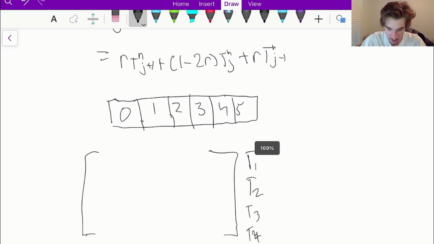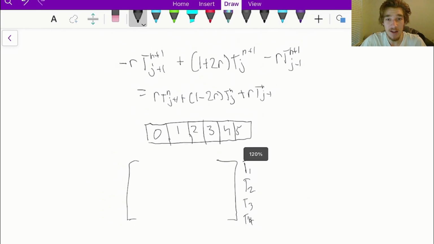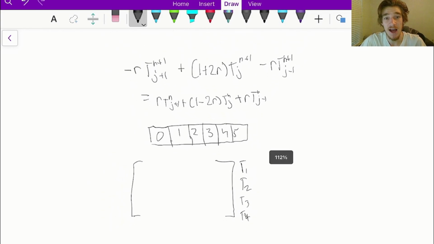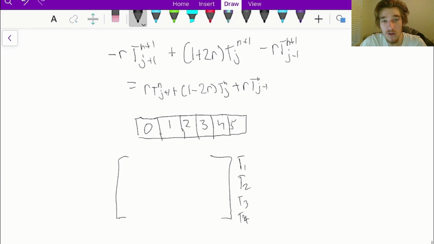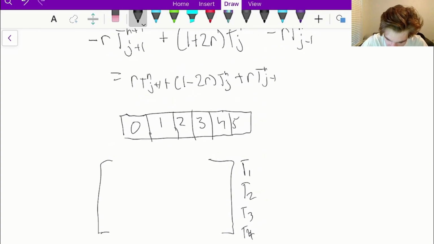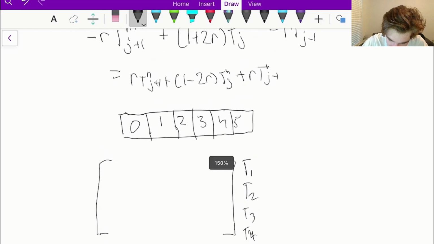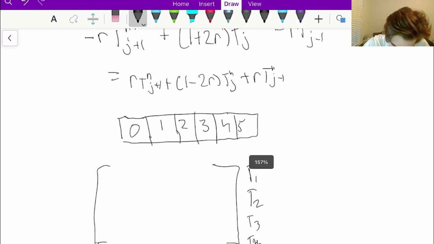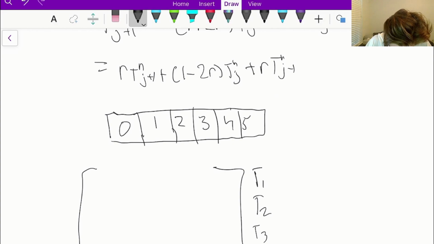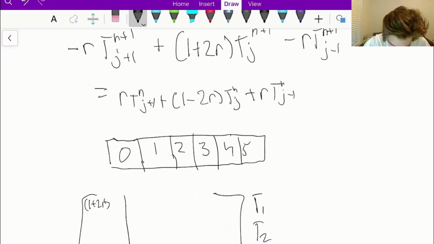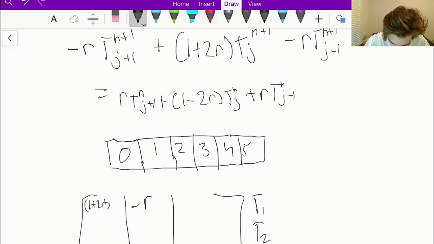All right, so we have that right there, and what it does basically is it's going to be controlling the R values. So as you can see, for T1, we're not going to have this first value, because that's plus 1. So we'll start off with 1 plus 2r right there, and then right next to it, it will be negative r, and then 0 for the rest of them.